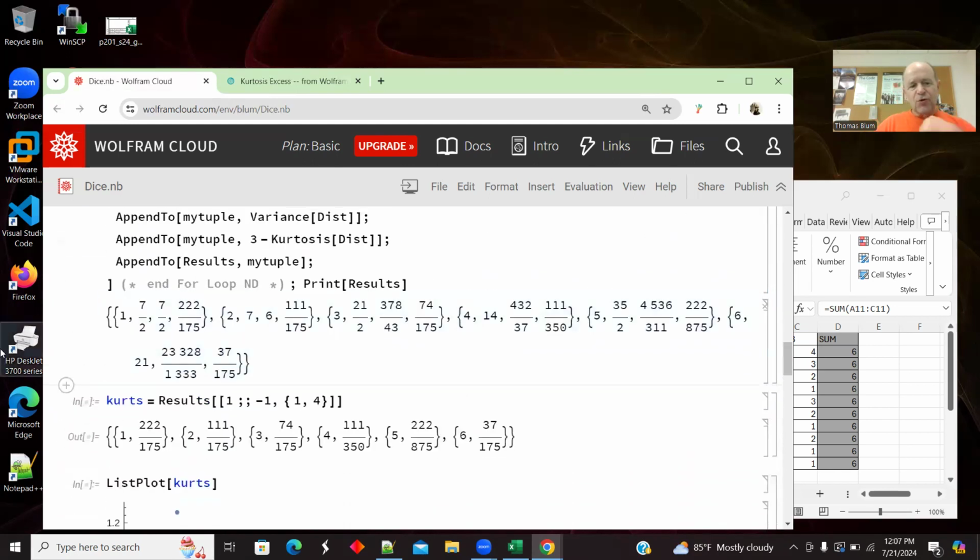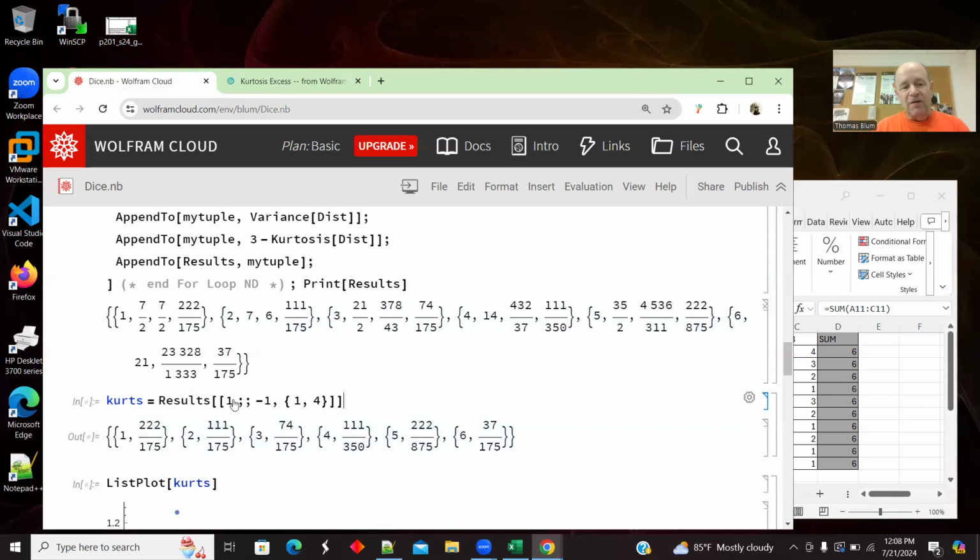I wanted to show how, from my results, to extract just the deficit kurtosis. I'm taking my results, which is a list of lists, but I only wanted to plot.